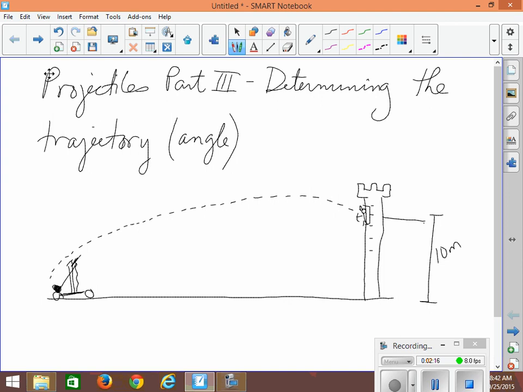Okay? So what I'll do on this picture is use a different color, and I'll draw the initial vector. This would be the initial speed. And this time, I'm going to tell you what the initial speed is. The speed at which the catapult can hurl the rock. Let's say we'll make it 40 meters per second.